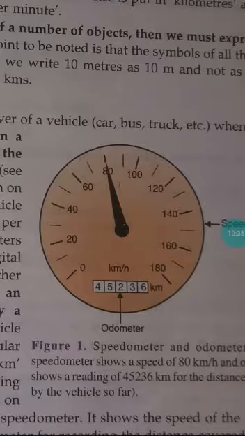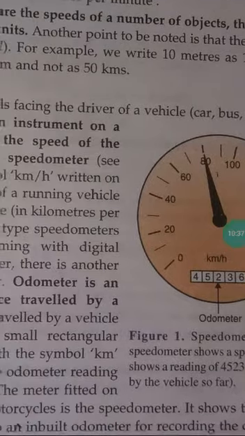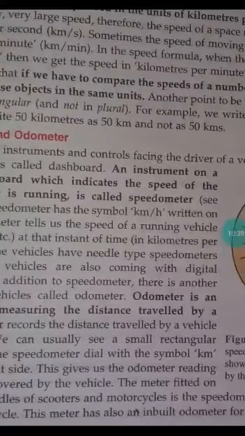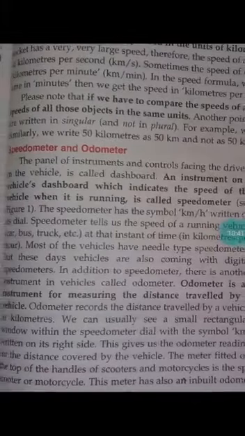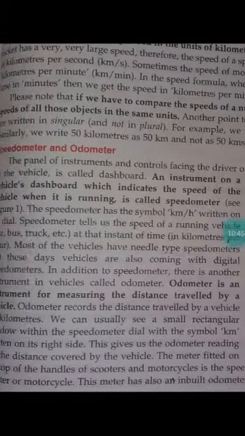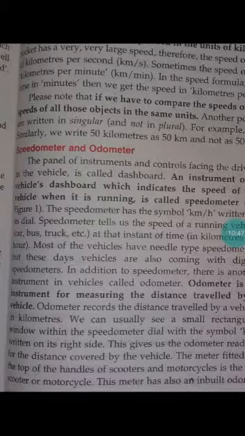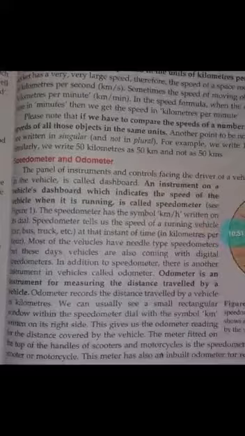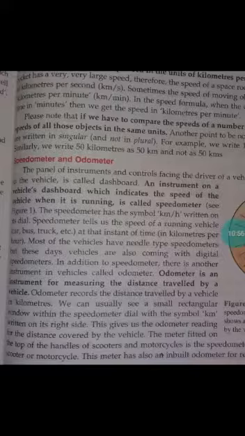So this is the odometer, which calculates the distance traveled by the respective vehicle. The odometer records the distance traveled by a vehicle in kilometers. We can usually see a small rectangular window within the speedometer dial with the symbol km written on its side. This gives the odometer reading for the distance covered by the vehicle.